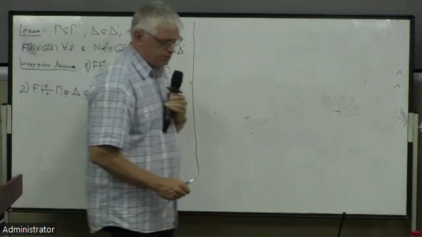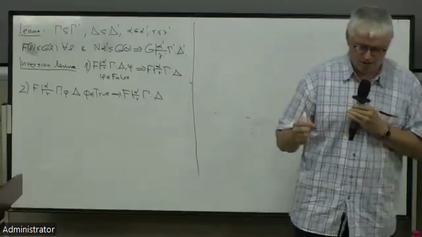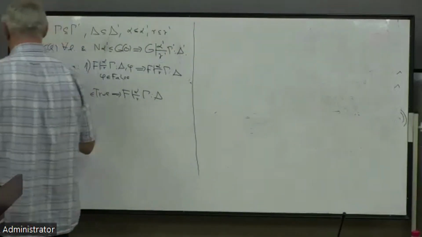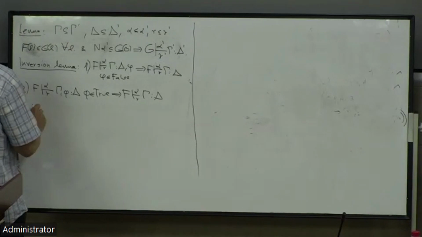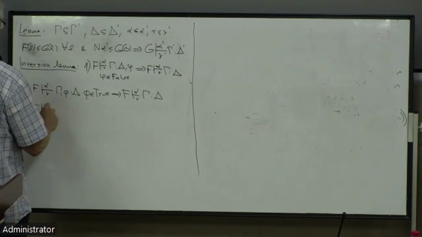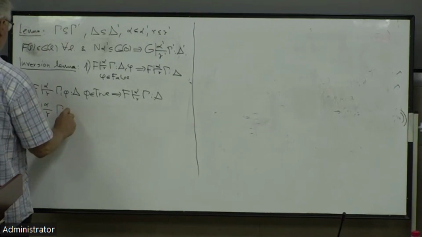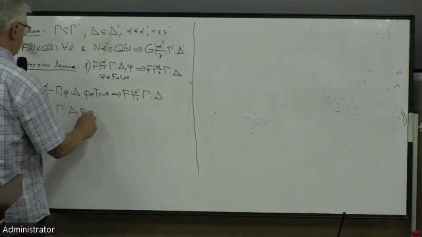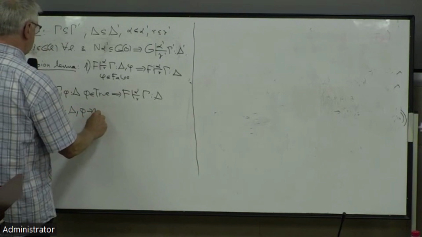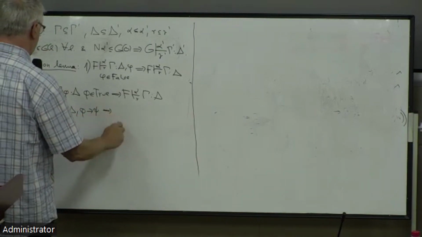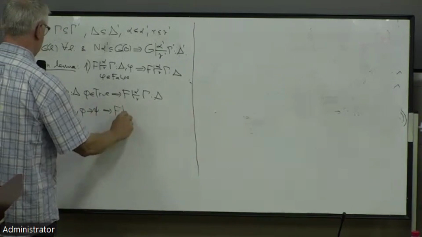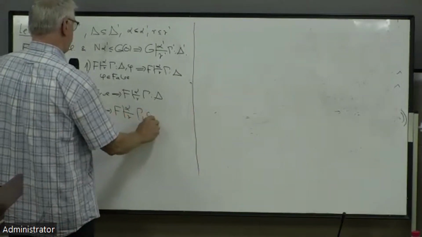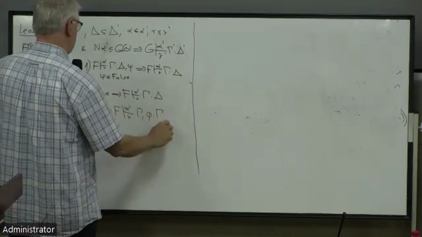Then we have the inversion lemma for the implication. Now we have two of them. So if F derives with alpha, R, gamma, delta, and now we have here in the succeedent implication phi implies psi, we can derive with F alpha, R, gamma, phi double dot gamma, psi.